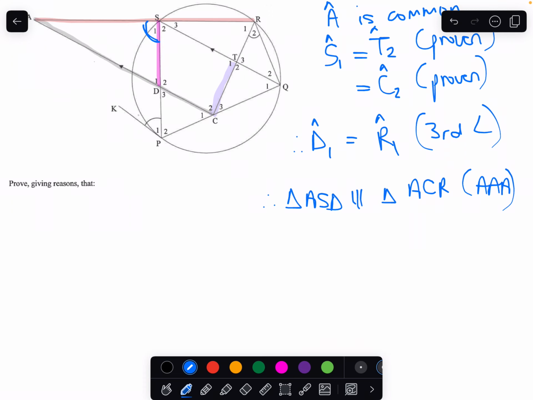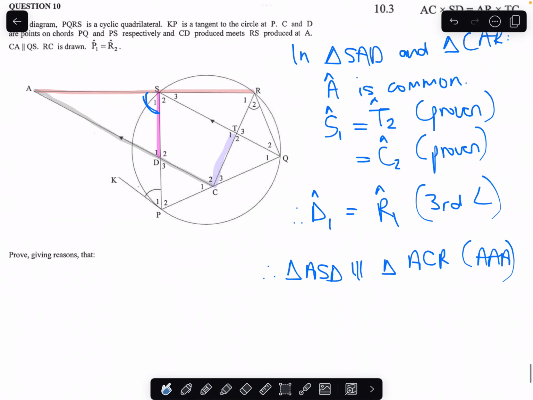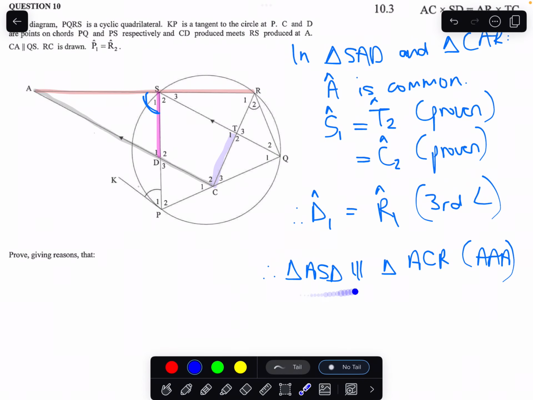And then what we wanted from this system of similar triangles is something about this line and something about this line. These other two we'll deal with from that other system of similar triangles.